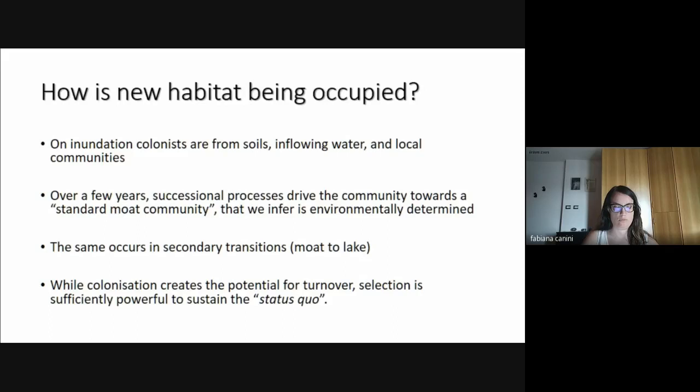And then our secondary transition, as we go from moat to lake, and to increasing depth in the lake, we're also seeing this organized situation where we're getting predictable communities occurring in predictable habitats. So our inference right now is that, while colonization does create that potential for turnover, selection by habitat is sufficiently powerful to sustain our status quo of community composition over time.